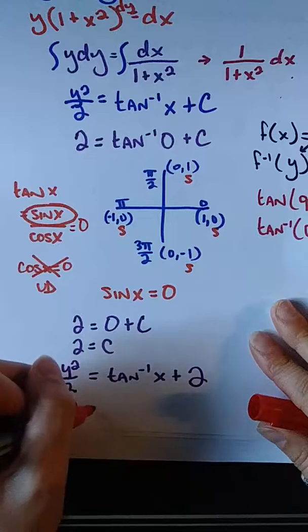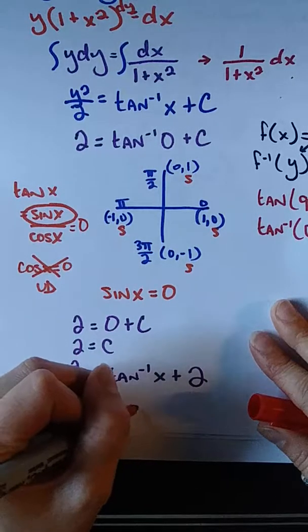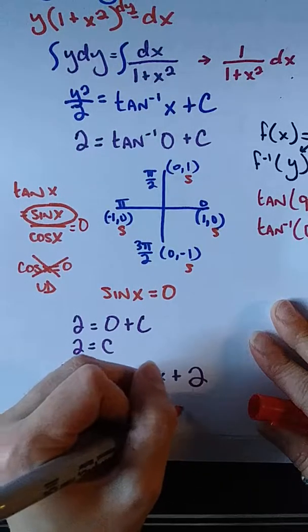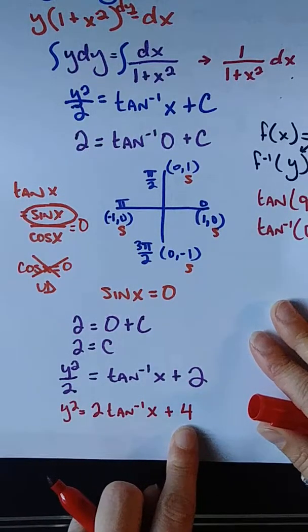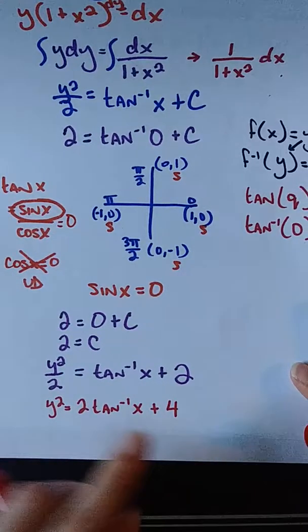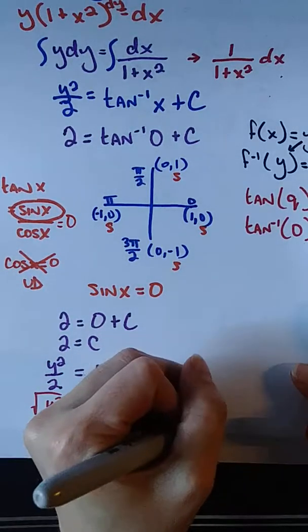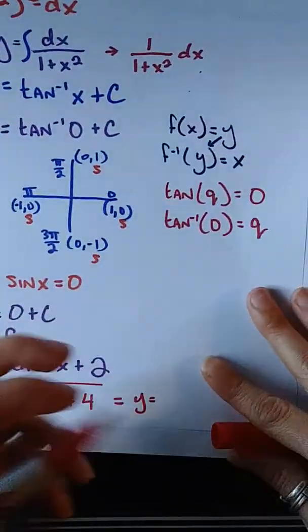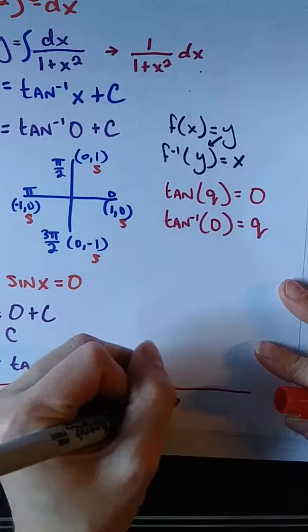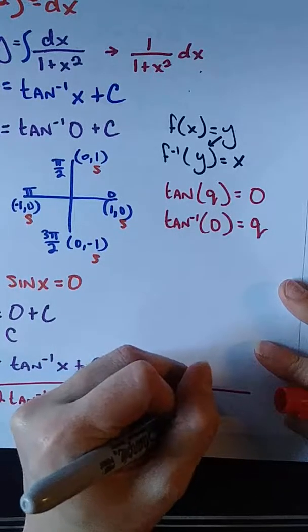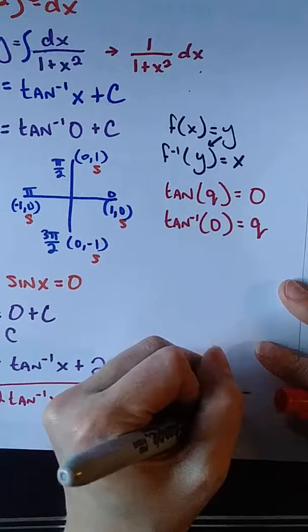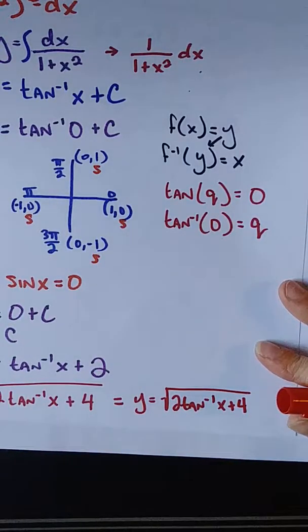Y squared is going to be 2 times the inverse tangent of x plus 4, because I'm going to multiply everything by 2. Then finally, I'm going to square root both sides. And my final answer is going to be y equals the square root of 2 times the inverse tangent of x plus 4. That's it. That's my particular solution.